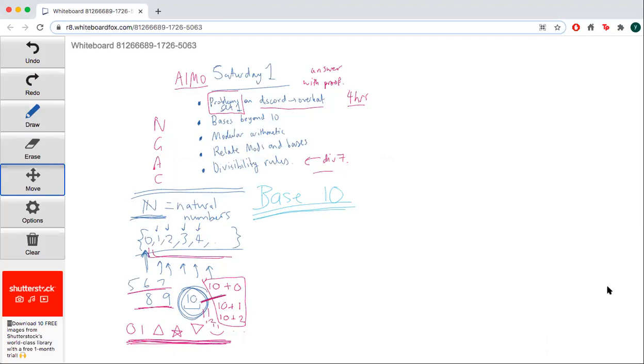This is when we count 0, 1, 2, 3, 4, 5, 6, 7, 8, 9, 10, 11, 12, 19, 20, 21, 22, and so on. And this is base 10. It means that we only have 10 different symbols to remember, which were the digits from 0 to 9. And then the stuff just starts repeating.